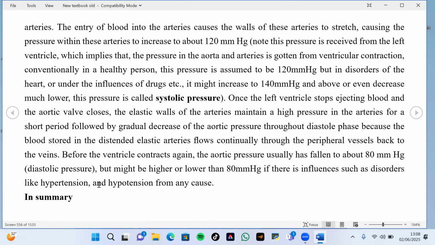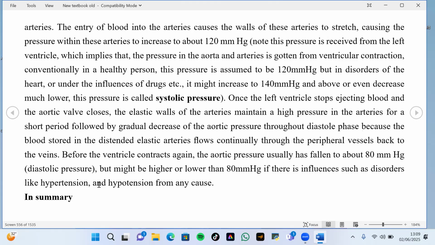causing the pressure within these arteries to increase to about 120 millimeter mercury. Remember, this is the pressure that is being received from the left ventricle that pumps the blood out, which means that the pressure in the aorta and the arteries comes from that ventricular contraction in a healthy person.